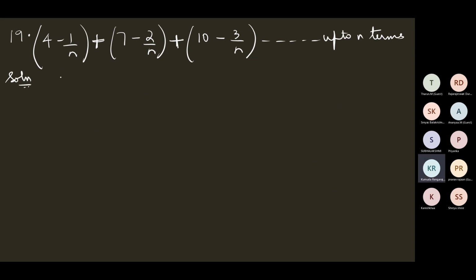Okay, so let's open up the brackets, children. 4 minus 1 by n plus 7 minus 2 by n plus 10 minus 3 by n, like this up to n terms.